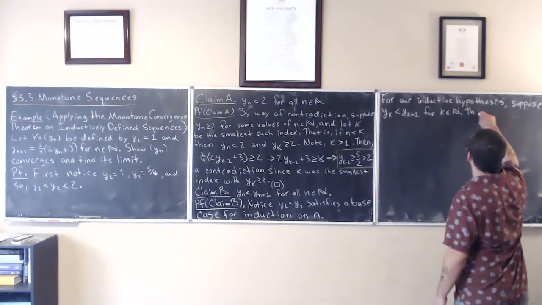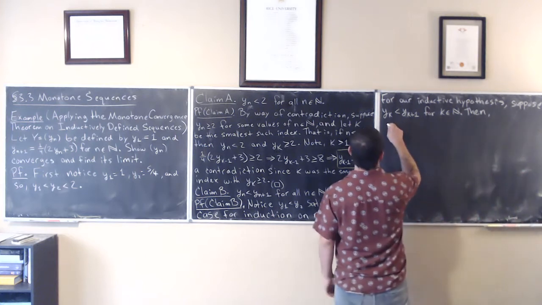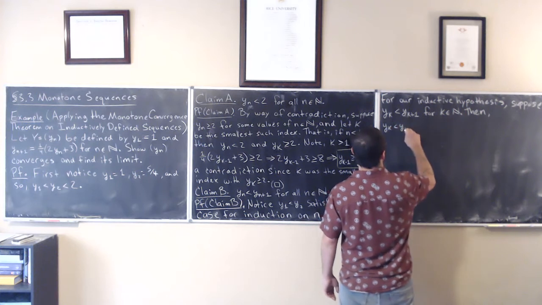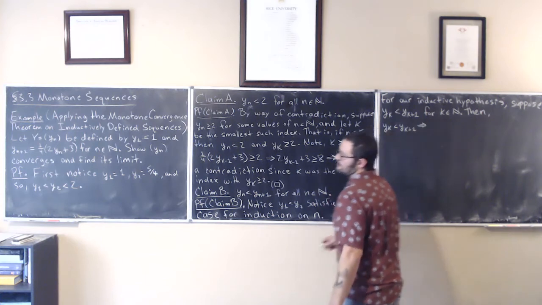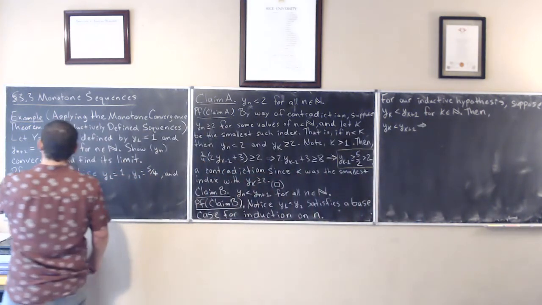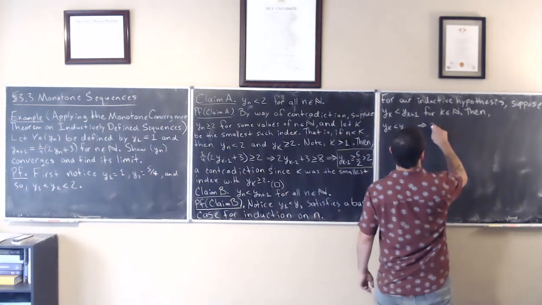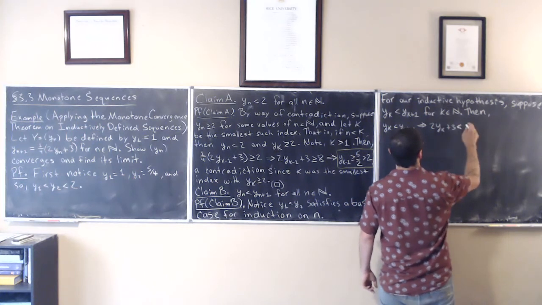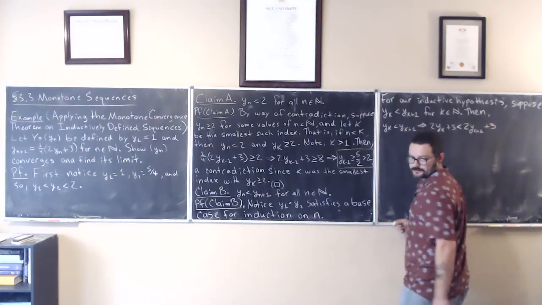So under this supposition, y sub k less than y sub k plus 1 implies that if we add 3 to both sides and multiply 2 by both sides, we get 2y sub k plus 3 is less than 2y sub k plus 1 plus 3.